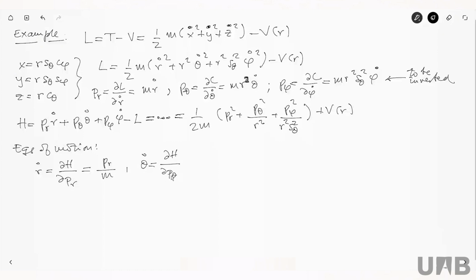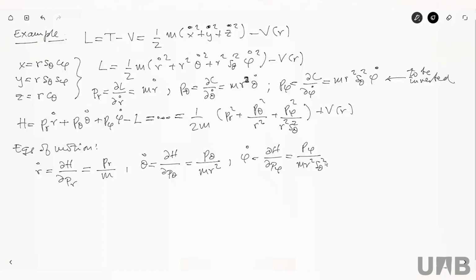Okay, here is the dependence on p sub theta. So this is nothing but p sub theta divided by m r squared. Phi dot equals partial of H with respect to p sub phi. And this is p sub phi divided by m r squared sine squared theta.